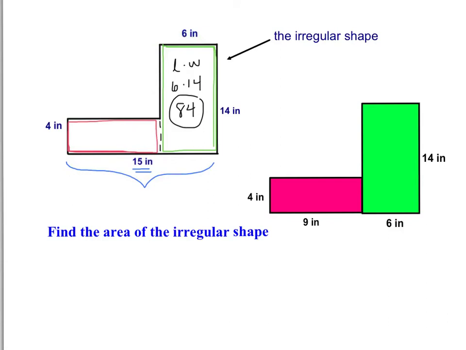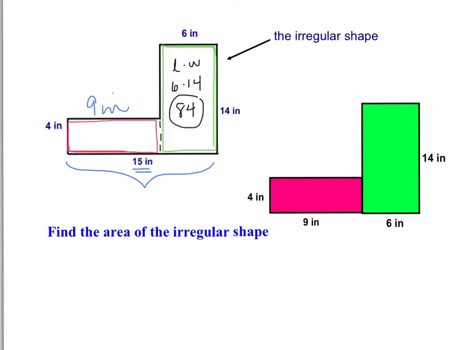So let's go over that again. 15 is parallel to 6 plus this number, and they're congruent. They have to equal the same. So 6 plus what number is 15? We do know that is 9 inches, which is what you see right here.